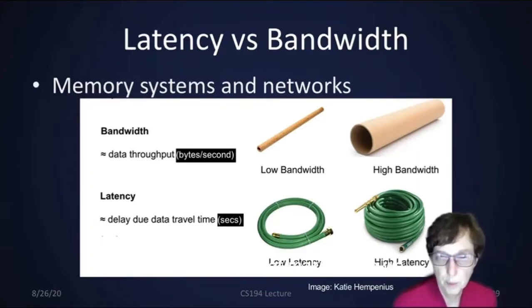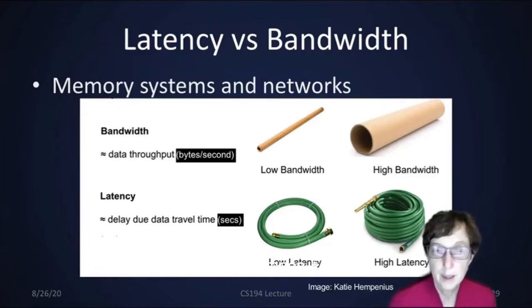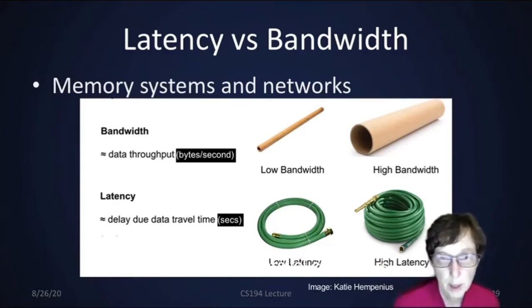Just one more way of making sure we understand what bandwidth and latency are, I like this image from Katie Hempenius. We can think about these as pipes, and the memory system, or the pipe between the memory and the processor, is what we're trying to get data through, although we'll also use this when we talk about networks, for example, in parallel computers.